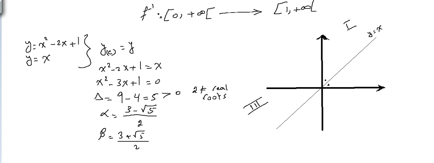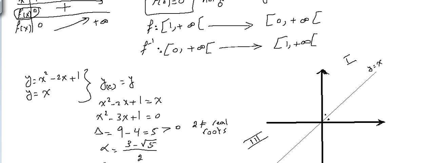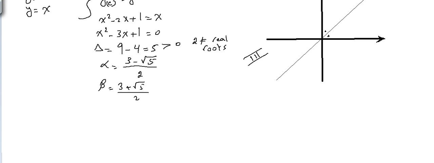The function is defined from 1 to plus infinity, and alpha, if we find it by calculator, is less than 1. So this is a rejected value. It's not in the domain. So the accepted value is only 3 plus radical 5 over 2.